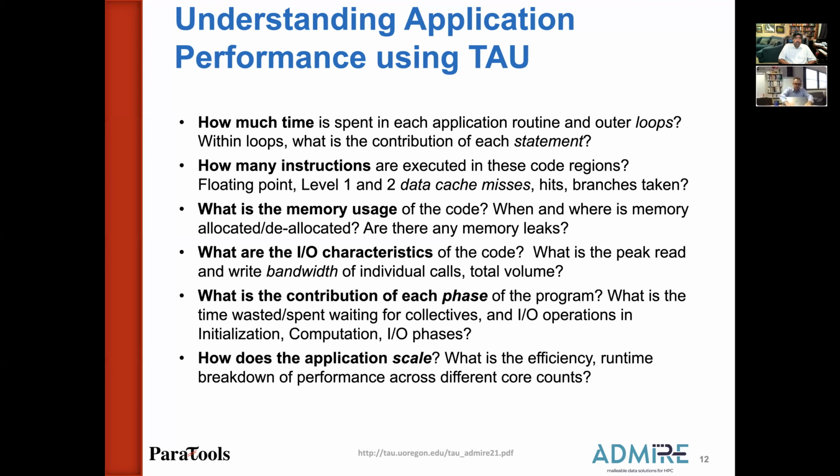You can see the contribution of each phase of your program. You can see how much time is spent in collectives within a phase. And by phase, I mean you can annotate your code to identify phases in your code. And if you just look at the output of your program, in most cases, you can clearly see the different phases.